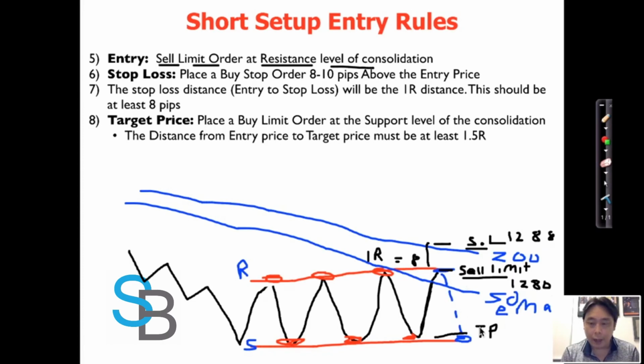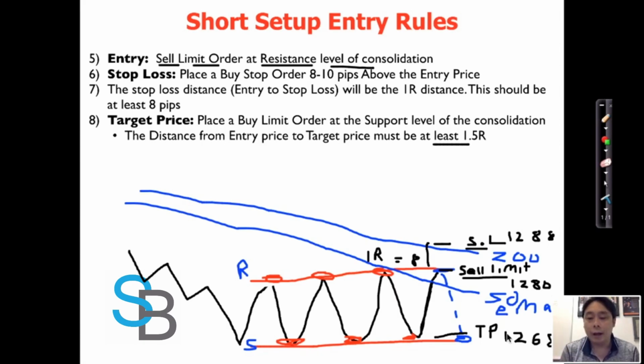Now again, I have to ensure that from the entry to the target price, I am able to get at least 1.5 R of potential return. So I must risk 1 to make 1.5 or more. So for example, if the support level happens to be, say, at 1268, for example, right?